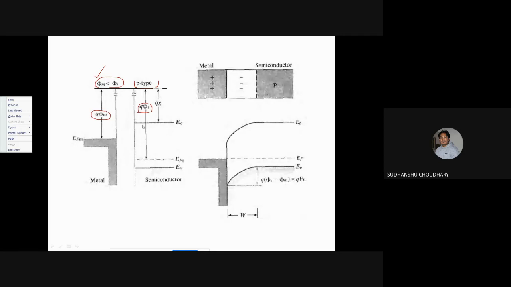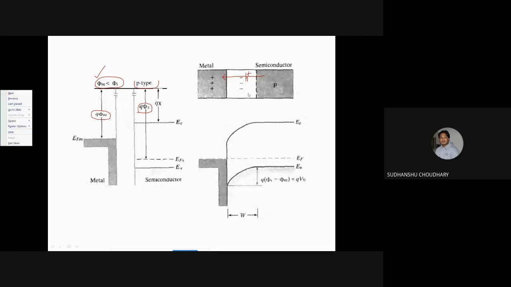Because the Fermi level is close to the valence band, the average hole energy of the semiconductor side is greater than that of any existing holes in the metal side. So holes from the P side start moving into the metal side for Fermi level alignment.